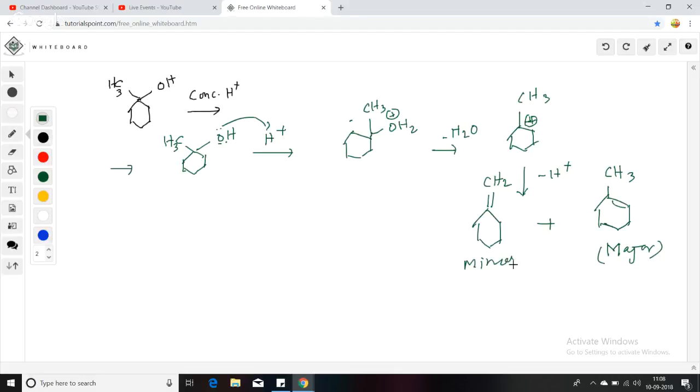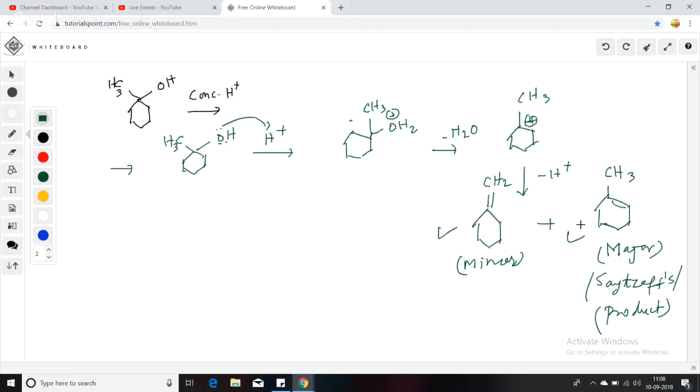So the Saytzeff product is that in which the hydrogen comes out from the adjacent carbon atom which has comparatively fewer hydrogens. This one is minor and this one is major.